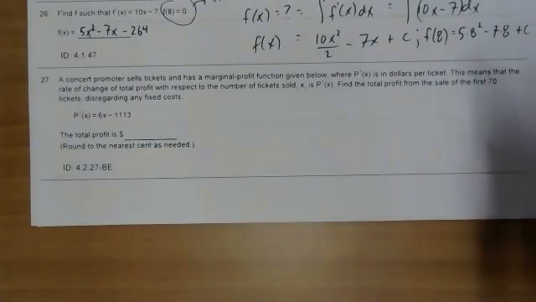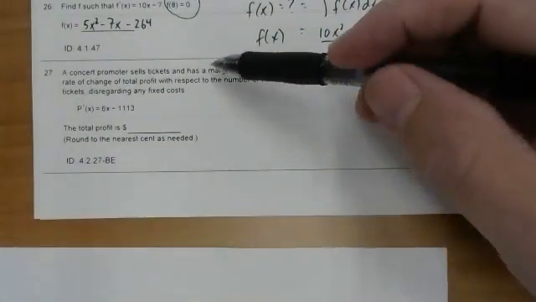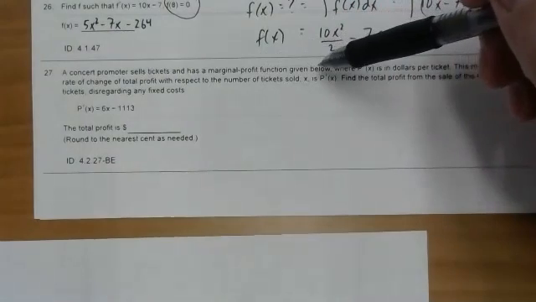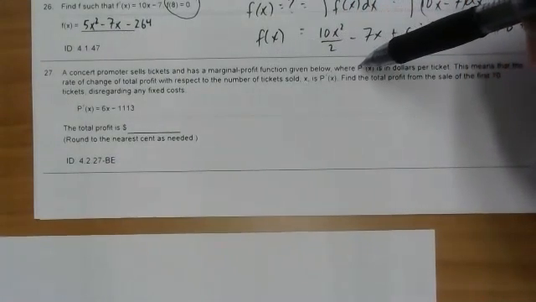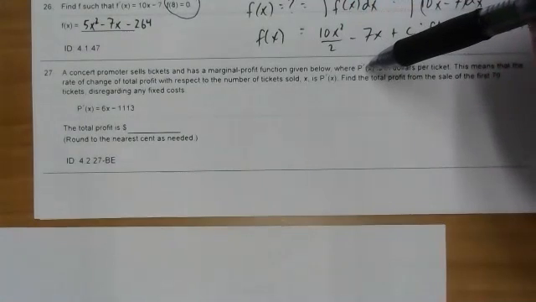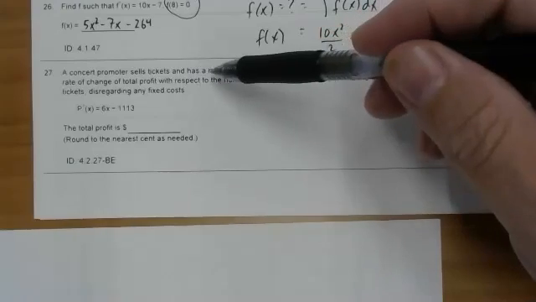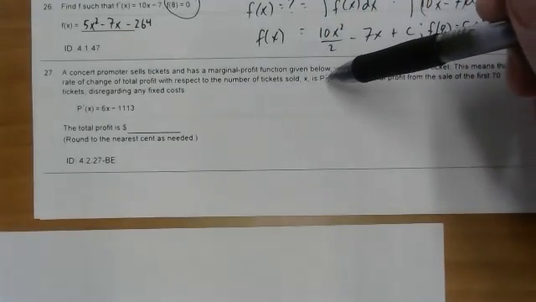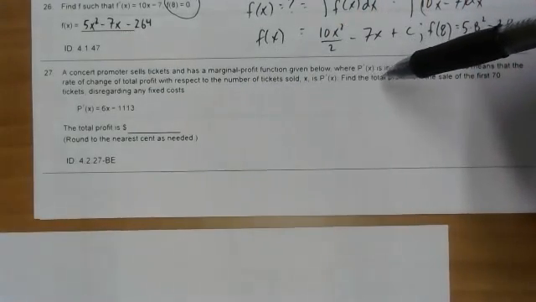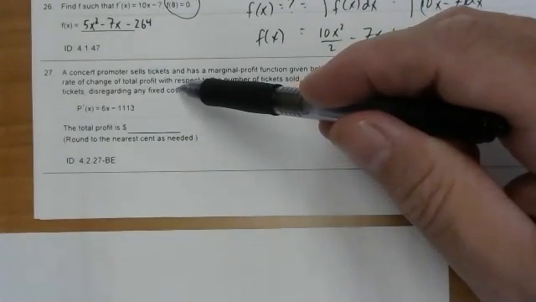A little bit of a story problem. A concert promoter sells tickets with a marginal profit function given. So this is called the marginal profit function. It's really a first derivative. This means that the rate of change, so they give you some more information. Find the total profit from the sale of the first 70 tickets, disregarding any fixed cost.